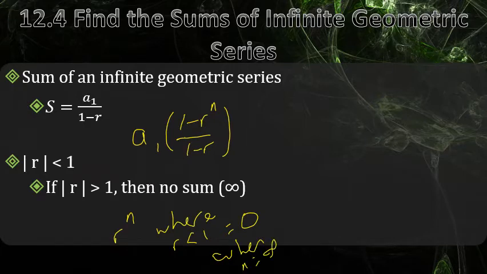Because the denominator will keep getting larger and larger and larger. The denominator will be larger than the numerator, which means it'll always be getting smaller and smaller, closer to 0.